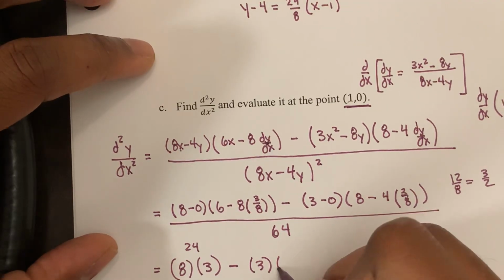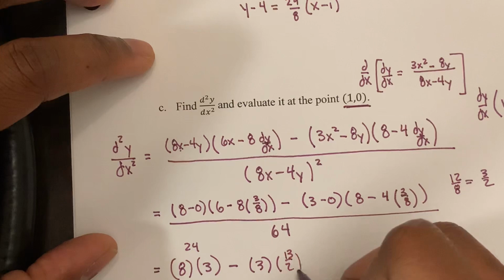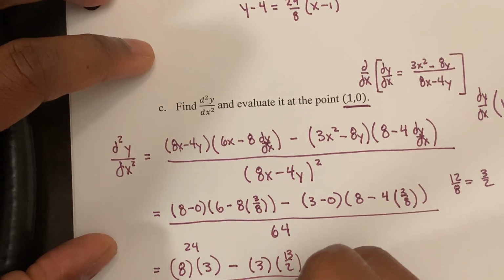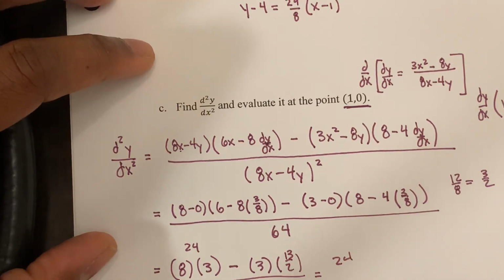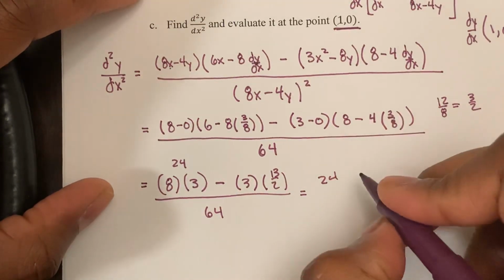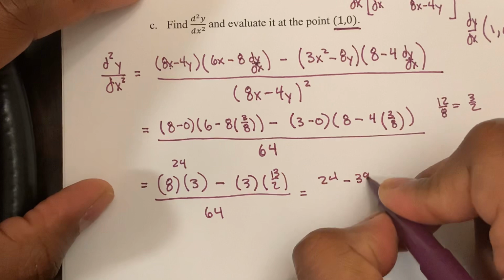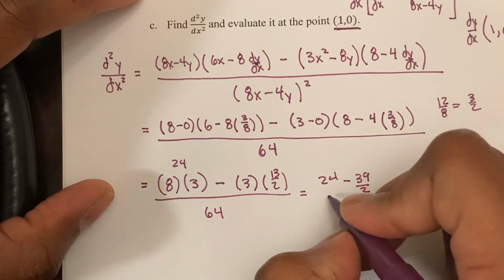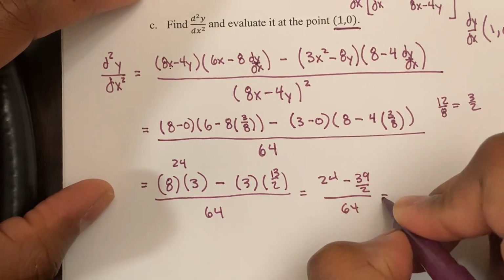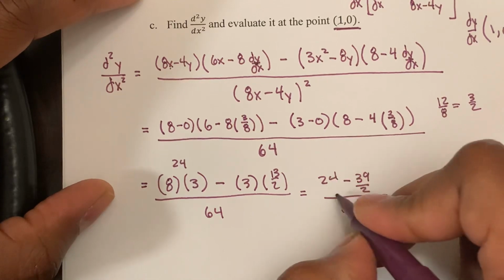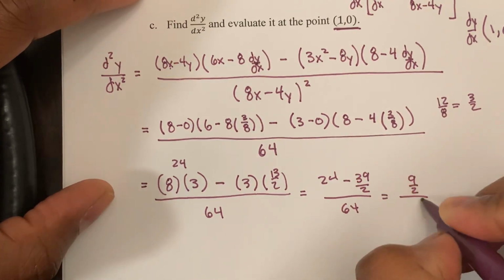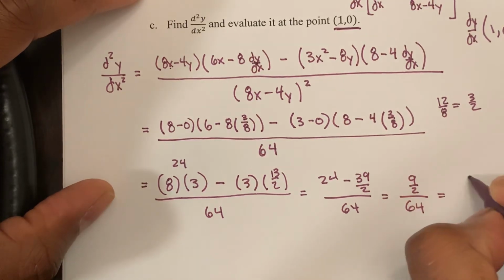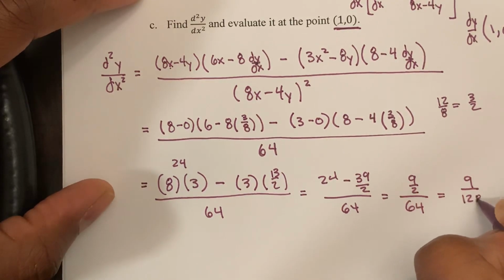So we end up with 3 times 13 over 2 all over 64. So this equals 24 minus 39/2 over 64, which is 48 over 2 minus 39 over 2. So that's 9/2 over 64, which is 9 over 128.